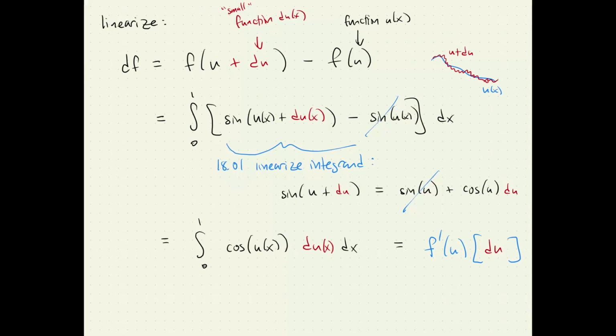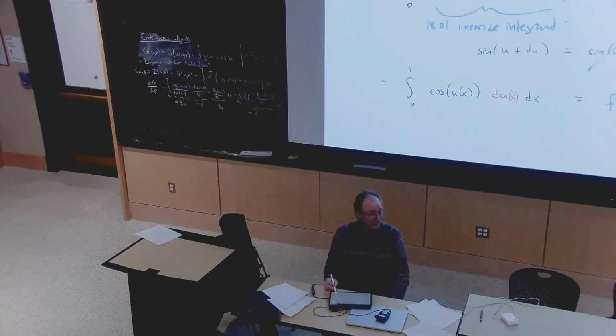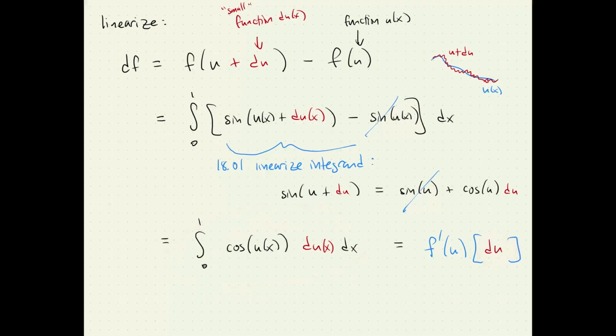Is that clear? If I plug in any function here, any change in my u, this is clearly linear in that. Like if I double this, it doubles the integral. Like if I add two things here, it adds two things in the integral. So this is a linear operator. We're done. That takes du in, and it gives you out a number. Right? This is my df.